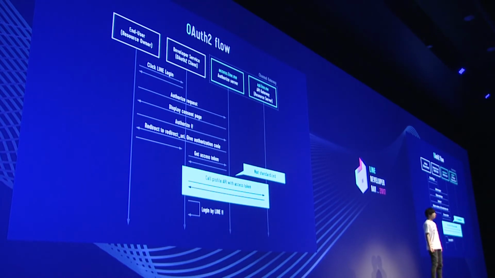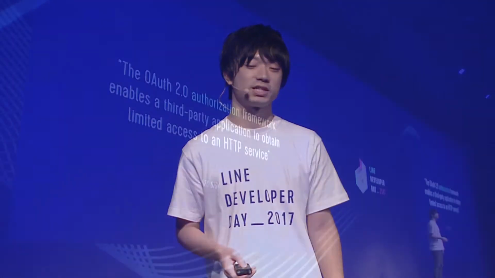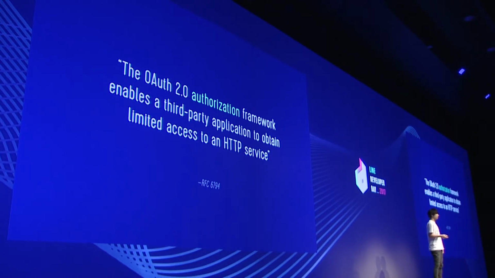So such a profile API is not usually standardized, meaning that each company has a different spec, and from a developer's point of view, you always have to support them one by one, meaning it is quite a cumbersome process for developers. As you can clearly see from RFC 6749, OAuth 2 is for the sake of authorization. So it's not to blame OAuth 2.